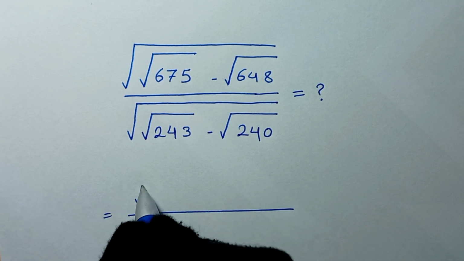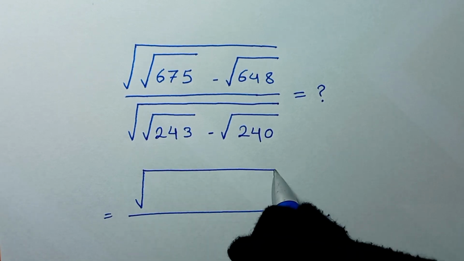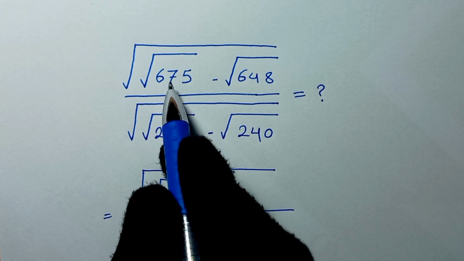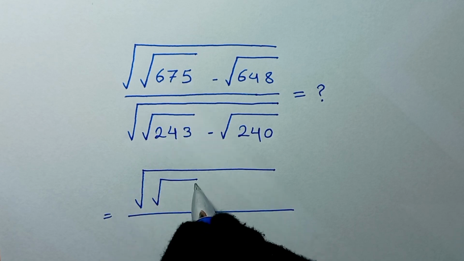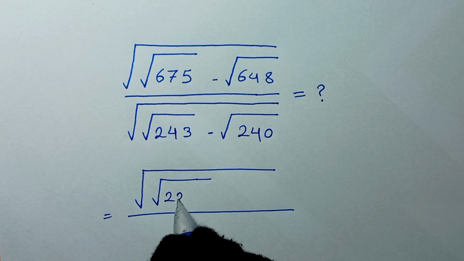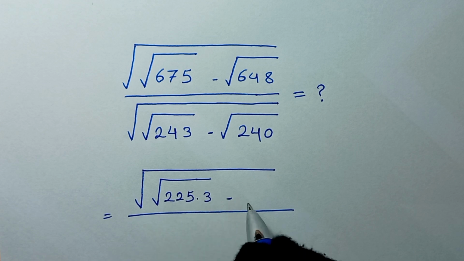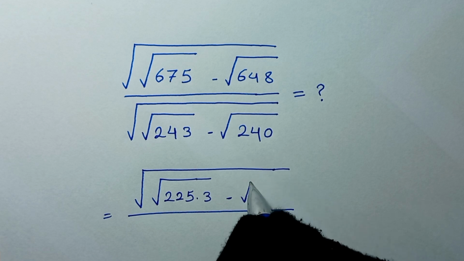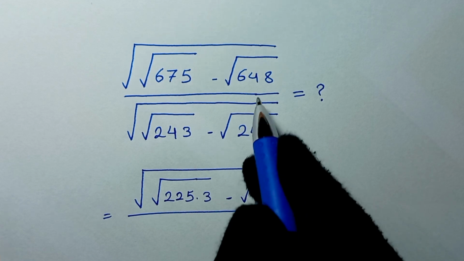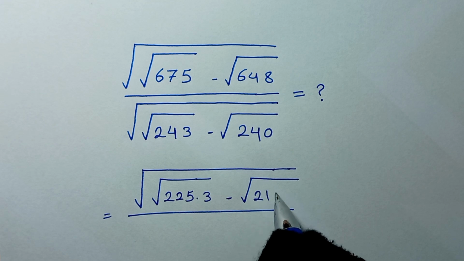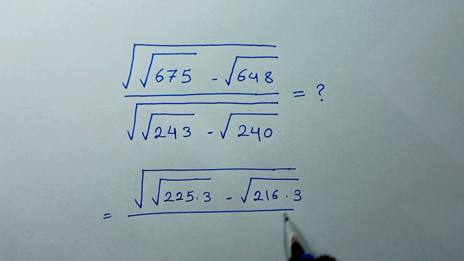for numerator, we have a square root of 675 minus square root of 648. We can write this 675 as 225 times 3, and we can write 648 as 216 times 3.